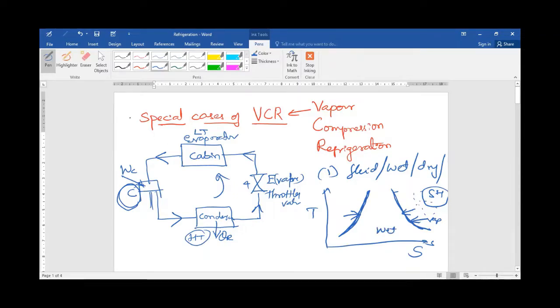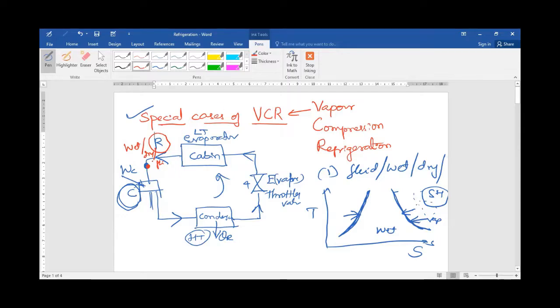What you may see in special cases is that in the given numerical, the condition of the vapor refrigerant at the inlet of the compressor will be given. Very important point. Please listen carefully here. The condition of the refrigerant at the inlet of the compressor, whether it is wet, dry or liquid, is the condition he will give.